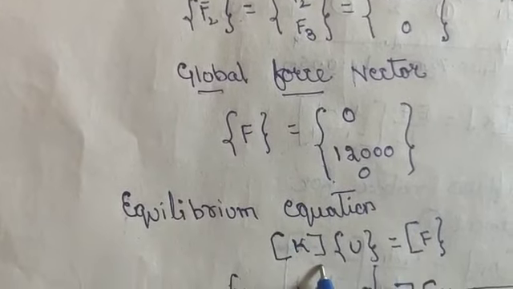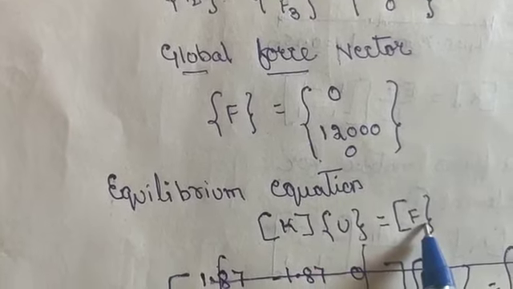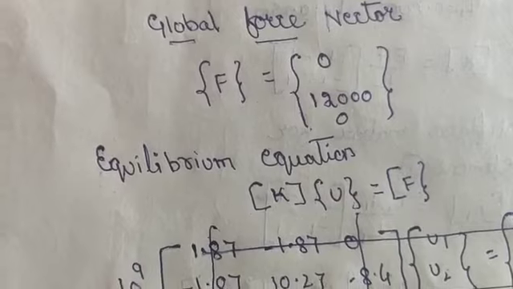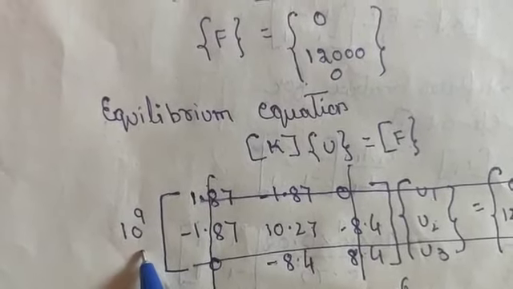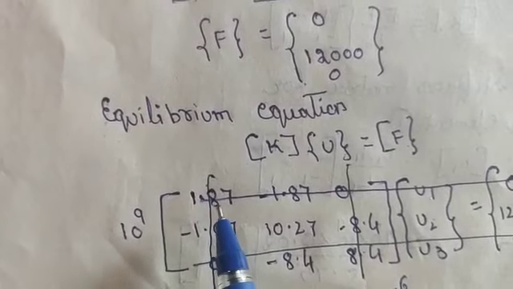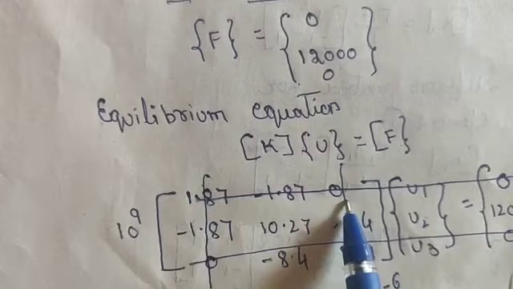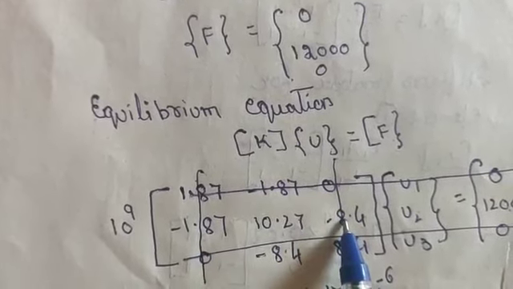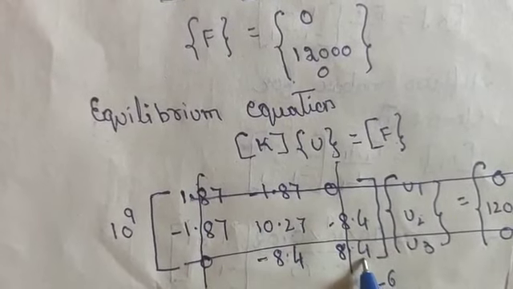K, the stiffness matrix, times the displacements equals the global force vector. So now we have to add both stiffness matrices. Taking 10 raised to 9 outside, if we add, we will get 1.87, -1.87, 0; -1.87, 10.27, -8.4; 0, -8.4 and 8.4.